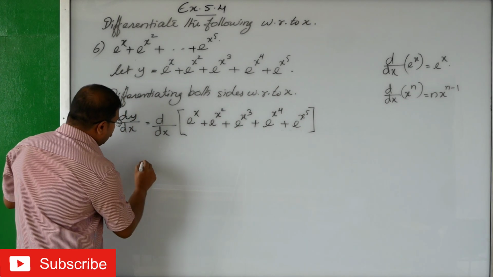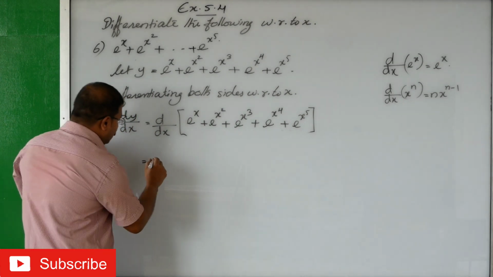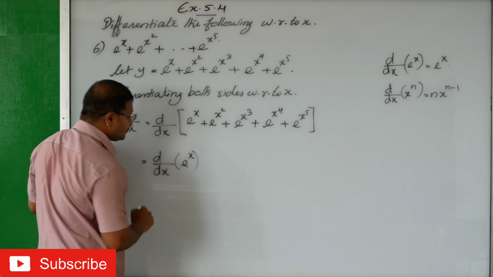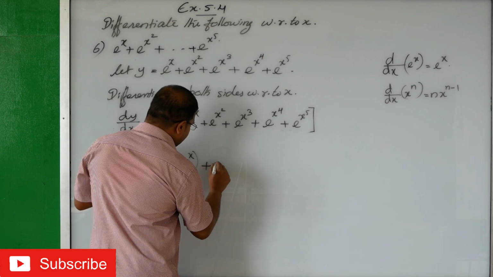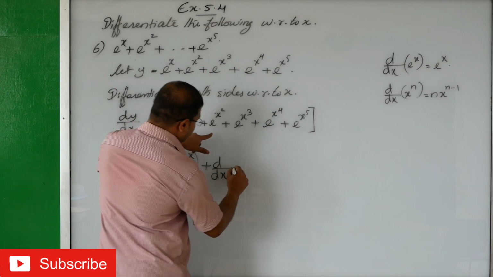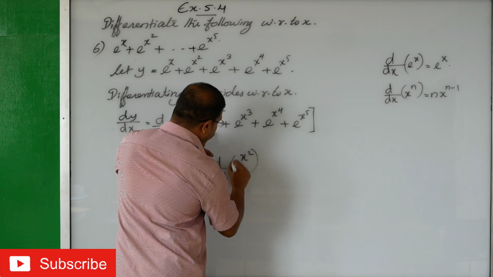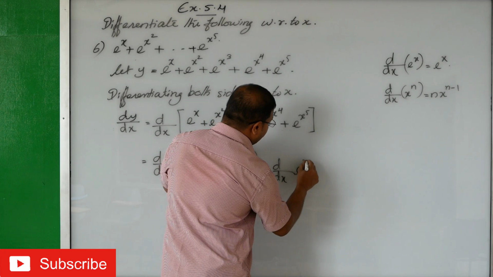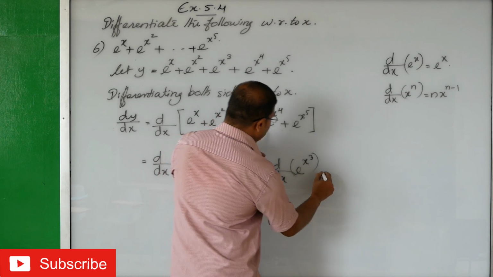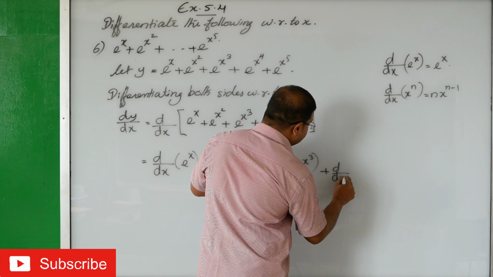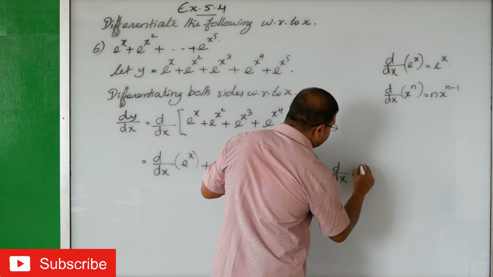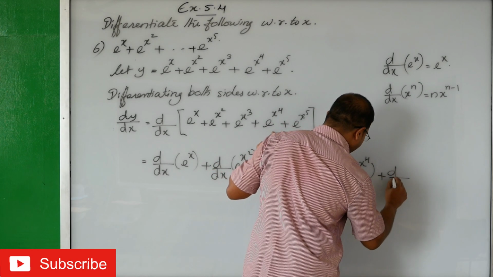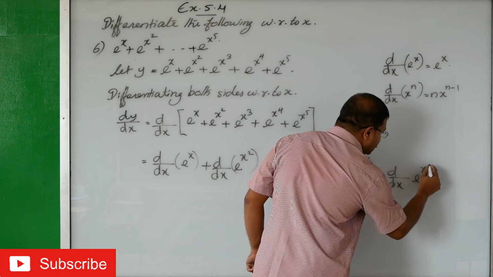Ready? This equals derivative of e raised to x plus derivative of e raised to x square plus derivative of e raised to x cube plus derivative of e raised to x raised to 4 plus derivative of e raised to x raised to 5.